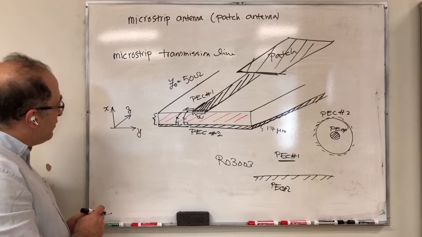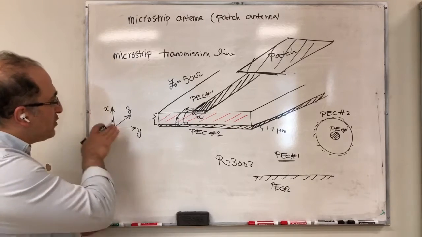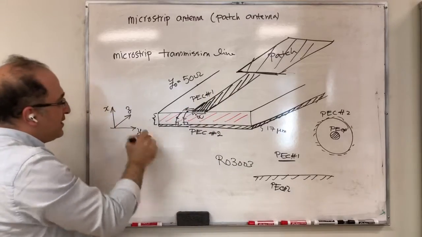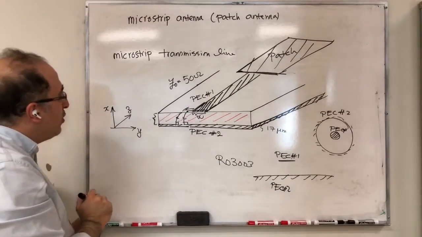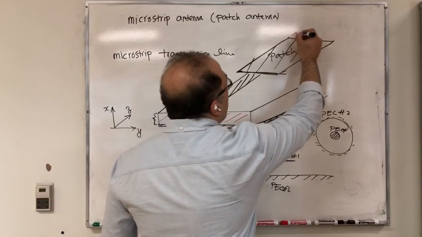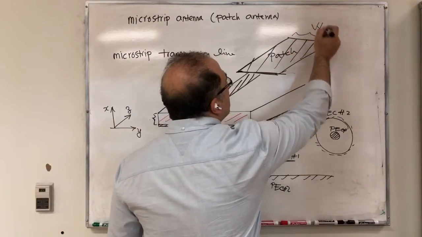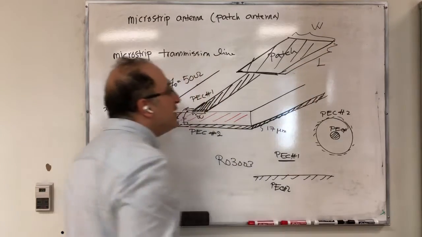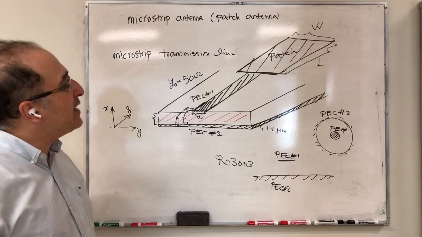Z would be the direction that my guided waves are going to travel, and this is my X and Y. Now imagine you have a patch, and the width is W and the length is L. That's my patch.